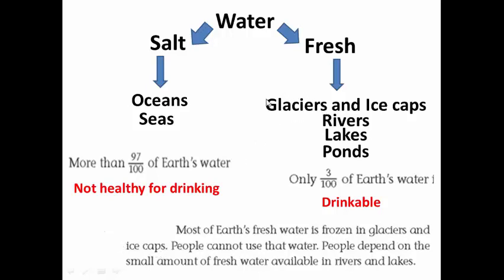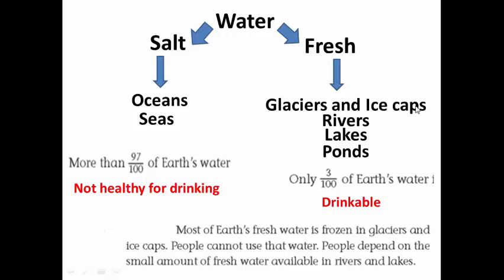Glaciers and ice caps hold large amounts, and they trap the water inside. It's a lot, but people cannot use the water which is found in glaciers and ice caps.